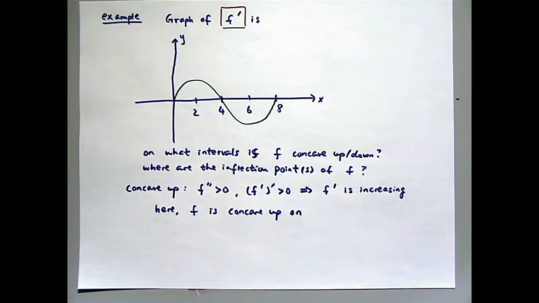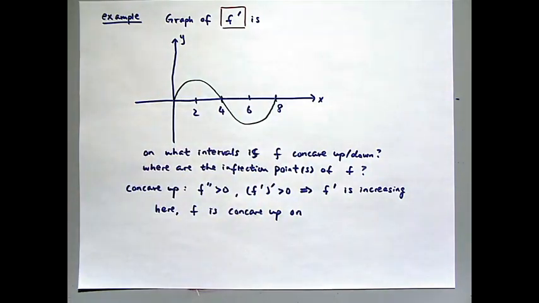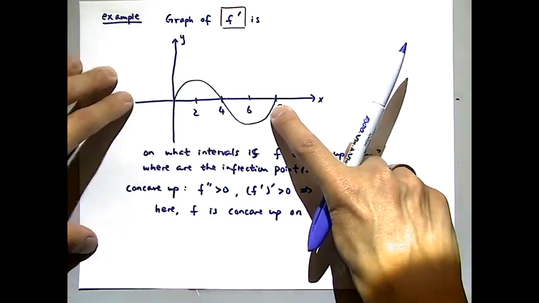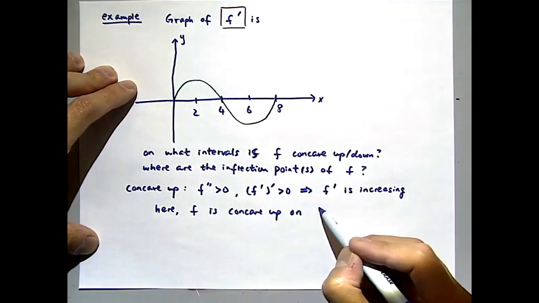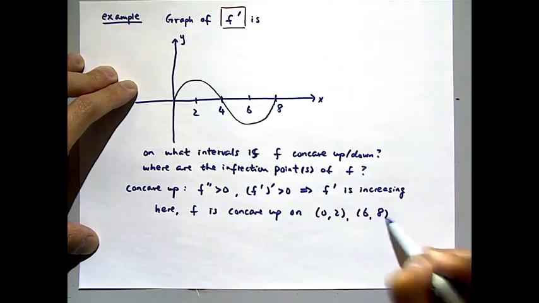Now, based on the graph of f prime here, give me the increasing intervals. On what intervals is f prime here increasing? Right, yep, 0 to 2, 6 to 8. So f prime is increasing on the two intervals 0 to 2 and 6 to 8.